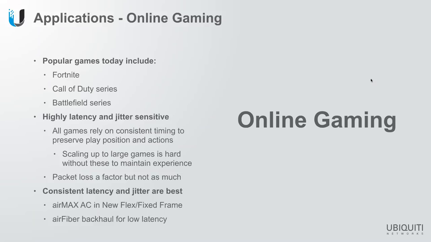Now, if you're getting up towards 100 milliseconds, 150, depending on the game, you can start to see a difference. And again, the old rule of thumb used to be, 200 milliseconds was kind of out of range of making a usable game.